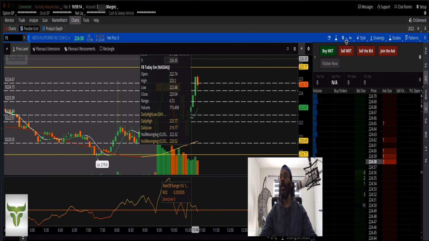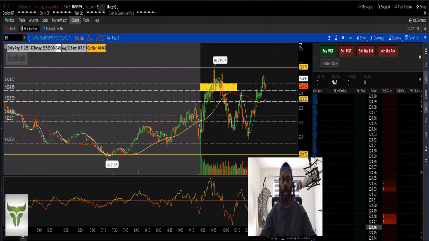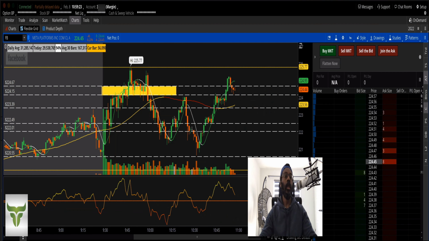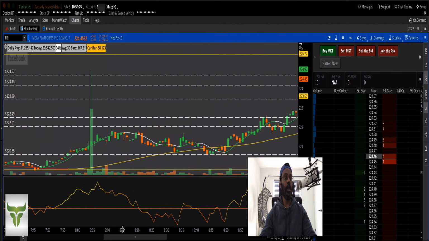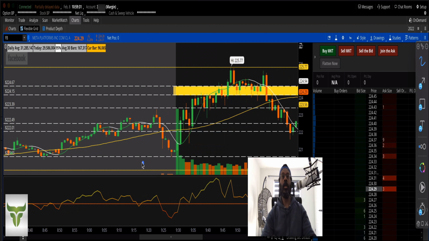So let me break it down to a 1 minute chart for you, because that's how I do my trading, on the 1 minute and the 2 minute chart. All right, so when the stock opens up, where does it open up? It opens up under the box.